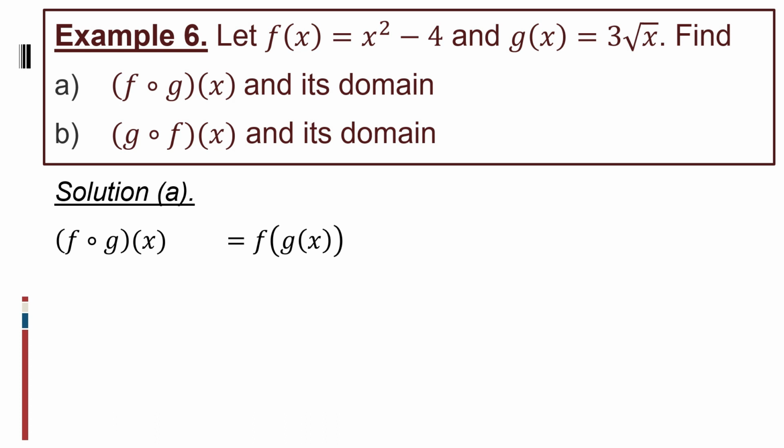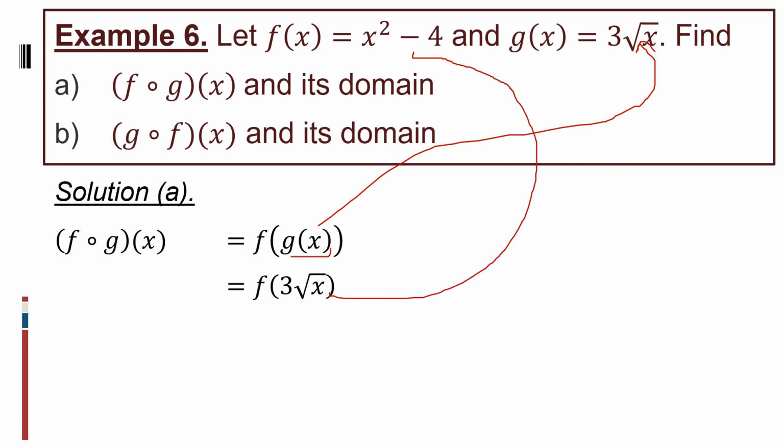Pero ano ba itong g of x na ito? Di ba siya lang yon? So, pwede kong ilagay as f of 3 square root of x. Then, evaluating now f of x at 3 square root of x, we have 3 square root of x squared minus 4, or that is 9x minus 4.